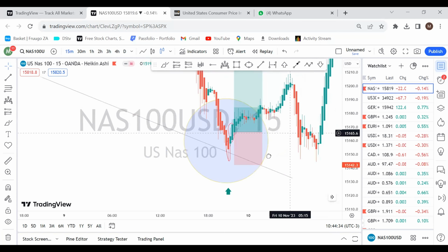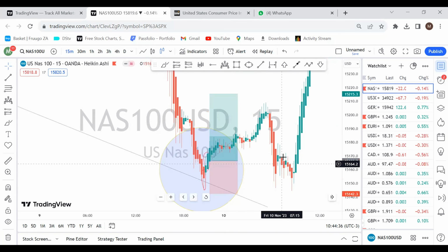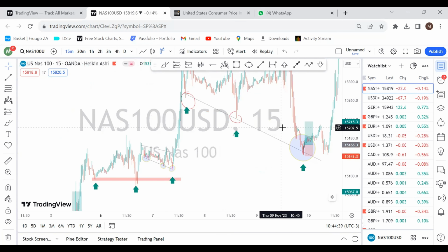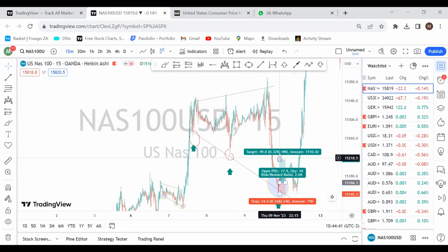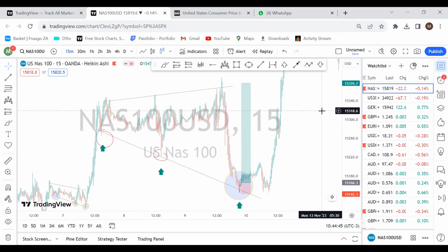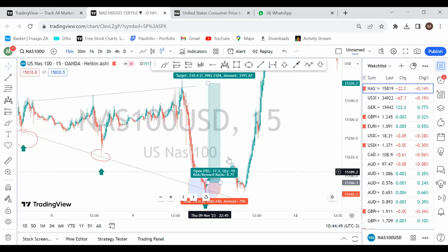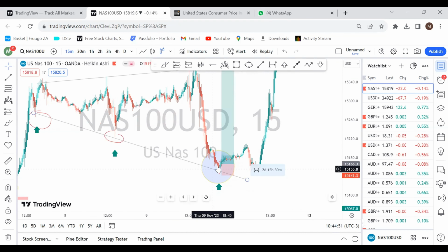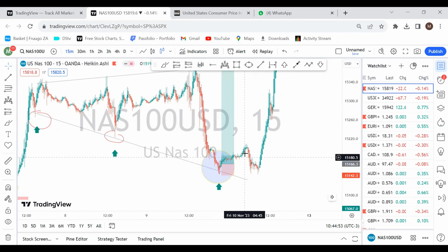So that is where we put our stop loss, and then we scale up all the way, right? And this was prior to the news event. Right before the news event, the price went up a little bit, and then it went back past our entry point, and the price was basically chasing our stop loss.